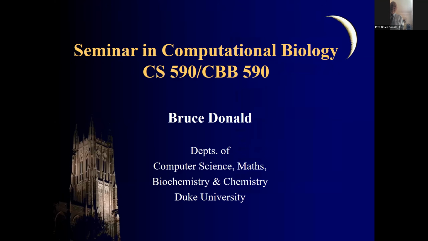So I wanted to say a little bit about me. You'll learn more about me, but I'm a professor here at Duke, and this is actually my 16th year at Duke, which is longer than I've been anywhere else. I'm a professor in several departments, primarily computer science, but I have joint appointments in biochemistry, math, and chemistry.